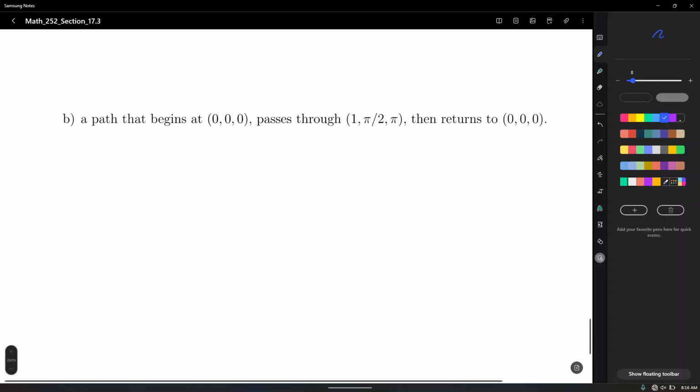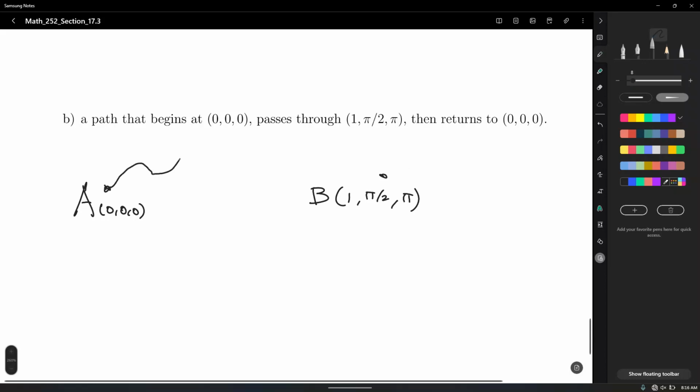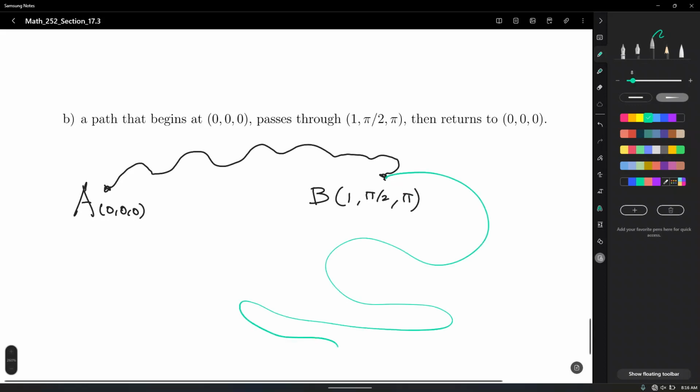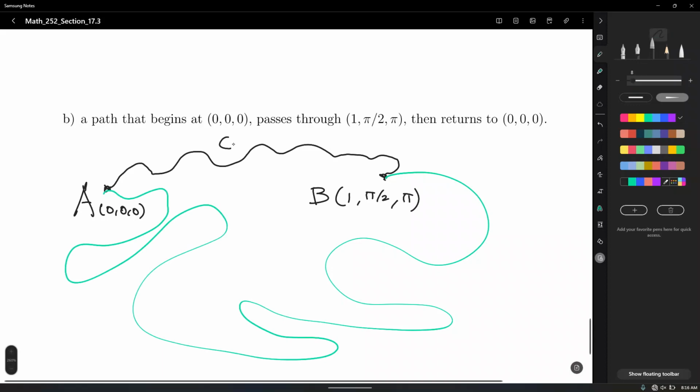That means, for instance, a picture A, which is 0, 0, 0, B is 1, pi over 2, pi. So you can go from A to B along this trajectory, and then go back from B to A along this trajectory. So this is C1, C2.